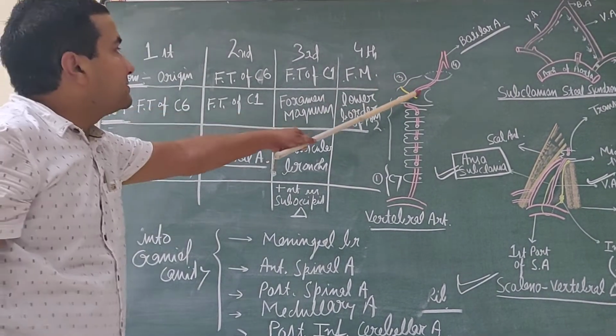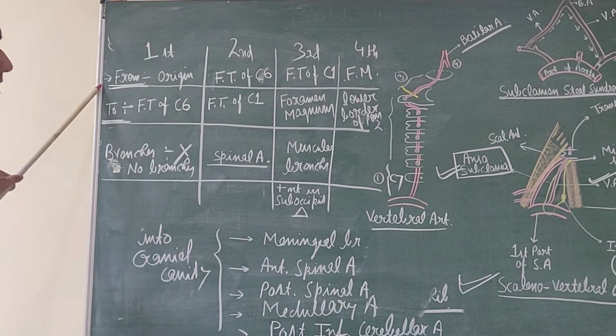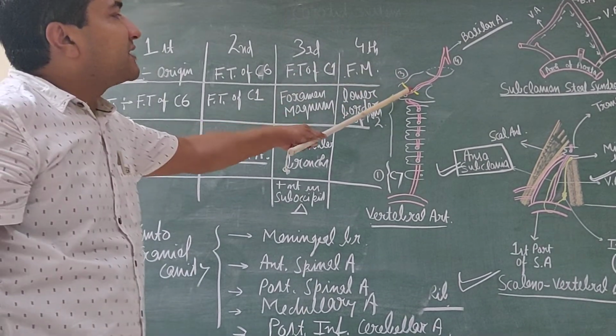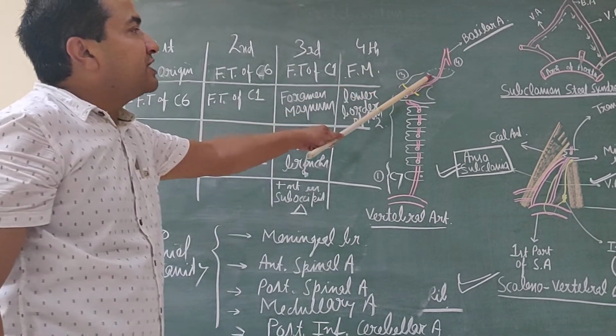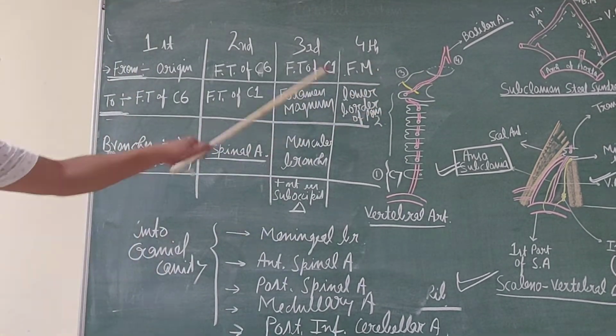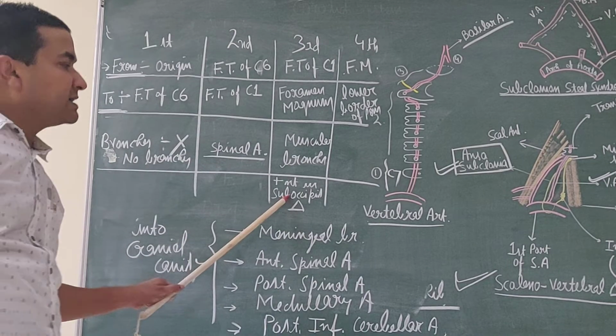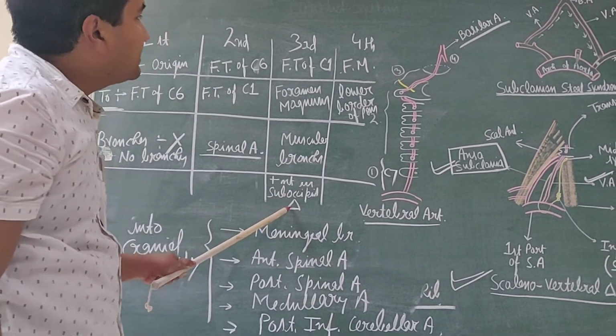Now the third part begins from the foramen transversarium of the atlas vertebra up to the margin of the foramen magnum. The third part is present in the suboccipital triangle.